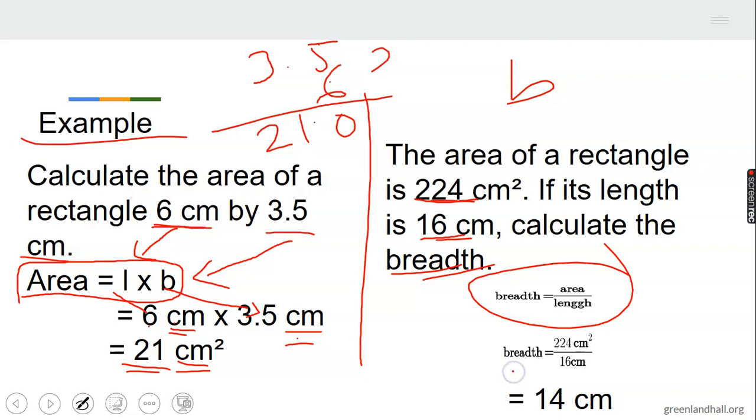Breadth equals, what's our area? 224 centimeters square, and our length equals 16 centimeter. By the time you divide, you have 224 centimeter square divided by 16 centimeter. Our answer is 14 centimeter.